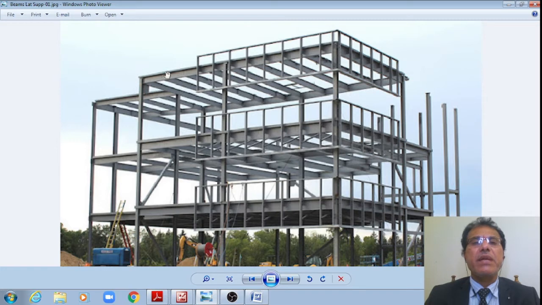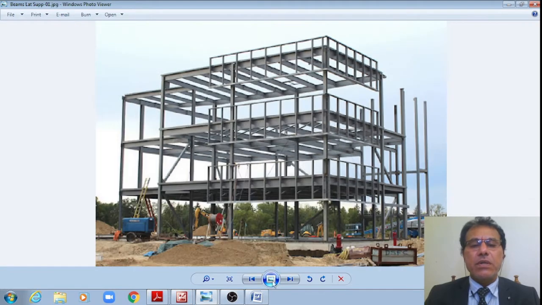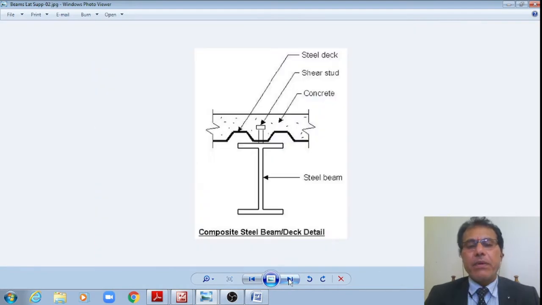If I examine this longitudinal beam, which is supported by the secondary beams, it is what is called a laterally supported beam, whereas these cross girders or these cross beams are laterally unsupported because there is no support as of now. That is how these are the laterally supported and laterally unsupported beams, right?